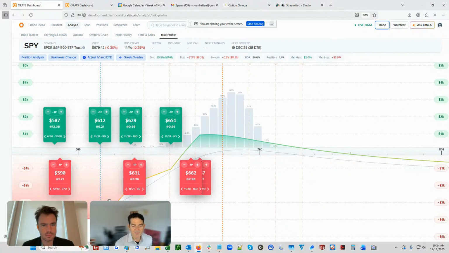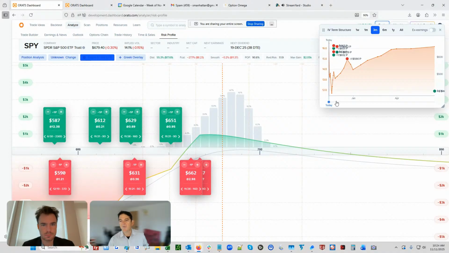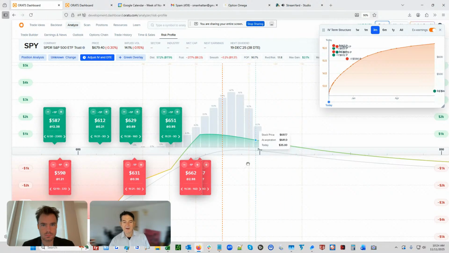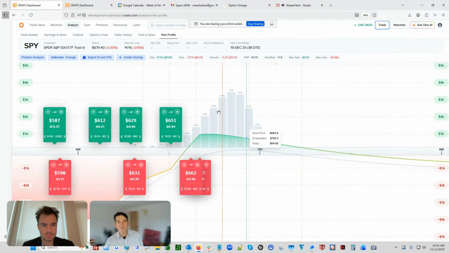Down at 610 is where things don't go well. Another thing you could do in this case is move the day out, or move volatility a bit, and see how that changes things. There's a lot you could do to make this a little bit more accurate.